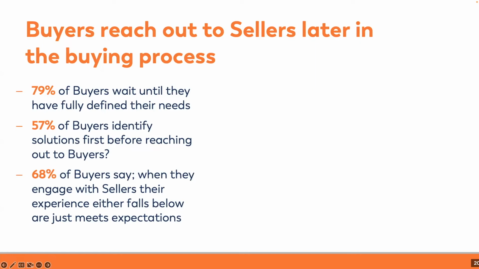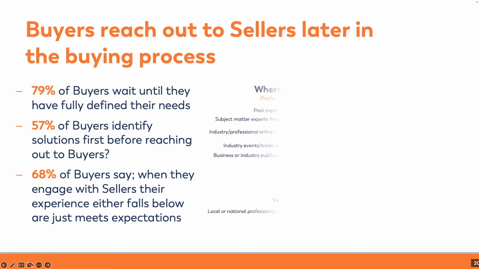Now, on that particular point, that doesn't sound necessarily too bad. However, if we're just meeting expectations, then we get lost in a sea of sameness. There is no differentiation. And that's one of the real issues that I think salespeople are facing today.